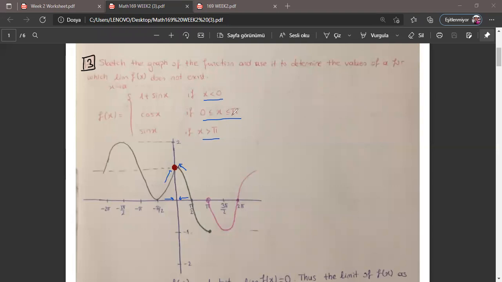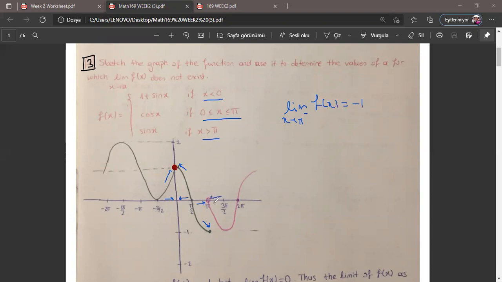And the other boundary is pi, when x equals pi. From left, we see that the graph of the function approaches -1. So when we're approaching pi from left, f of x is equal to -1.